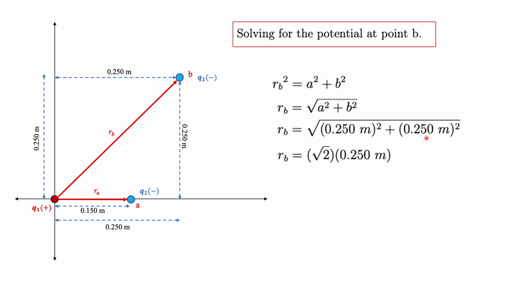So when you calculate that one, you get the square root of 2 of 0.250 meters, or in decimal point, that is just 0.3536 meters. So we have now solved the separation distance from our source charge up until the new point B, and that is this value, 0.3536.